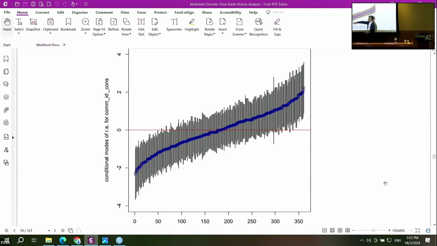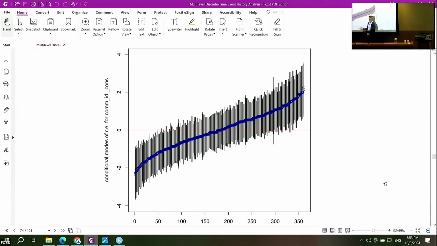So there are a lot of communities that have below average residuals, lower than average levels of antenatal medical care, and these are communities that have higher than average levels of antenatal medical care.